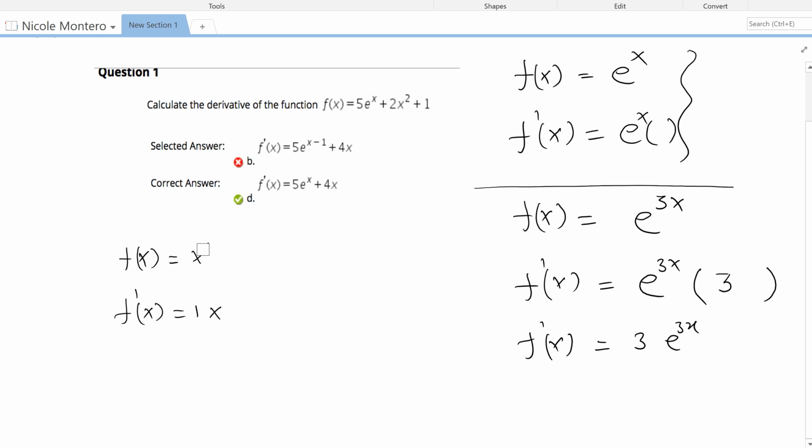So in derivative, whenever we have a variable raised to some number, some power, you write the power at front and then you reduce it by 1. So 1 minus 1 is going to be 0. And any number raised to 0 is going to be 1. So you get 1 times 1, which is just 1.